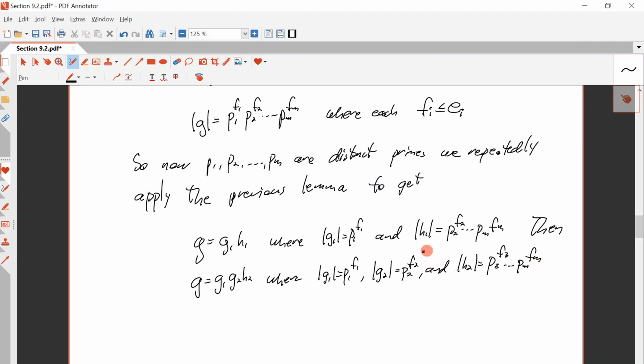So you keep peeling off one prime at a time. Right? So the order of H1 was this, so we peel off the P2 to the F2, and then etc., etc. G is going to be equal to G1, G2, all the way up to Gm, where the order of Gi is Pi to the Fi.